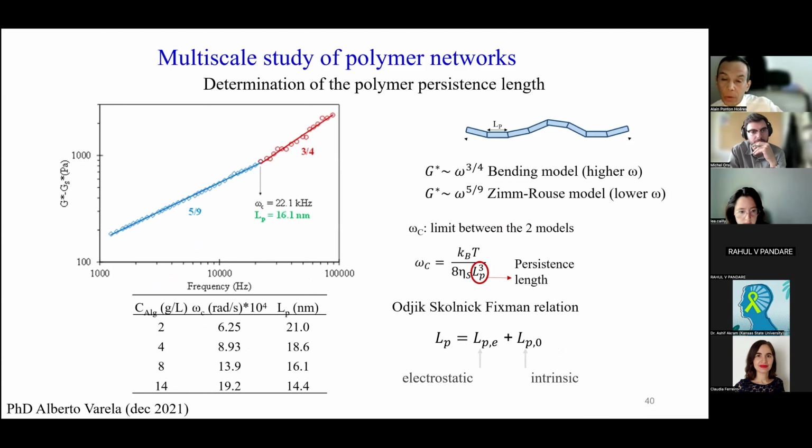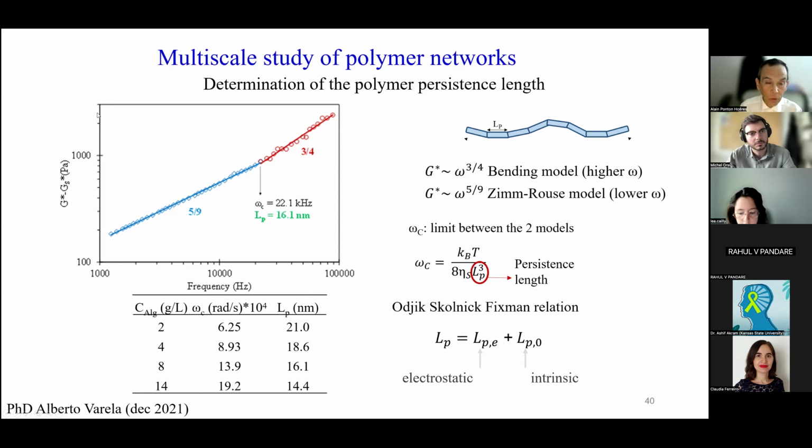The main advantage, first, is to extend the frequency range in which you can determine the viscoelastic properties of polymers, and you can also determine what is called the polymer persistence length.